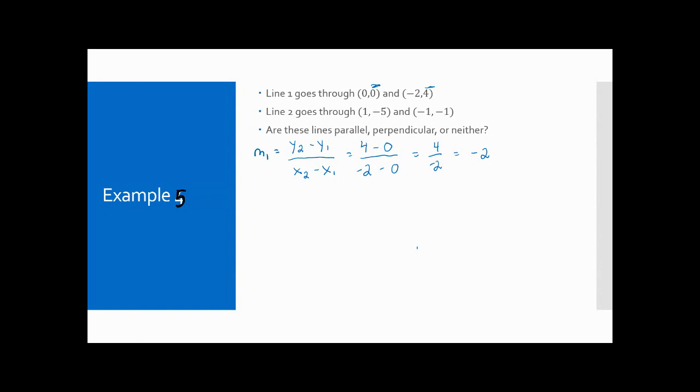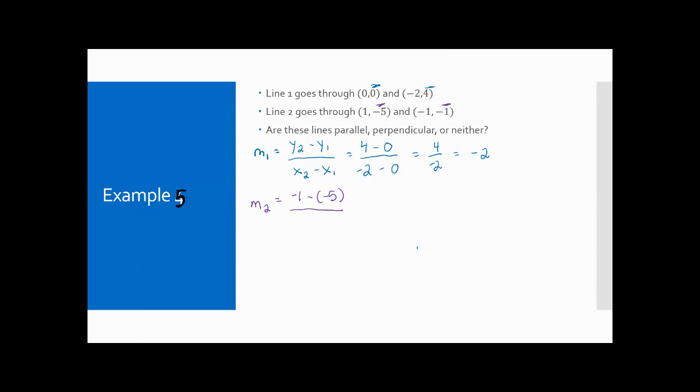Now we need to find the slope for line 2. I'll do that one in purple, and I'll label that slope M2. Now I'm going to use the second numbers here. So it's y2 minus y1. We have negative 1 minus negative 5.